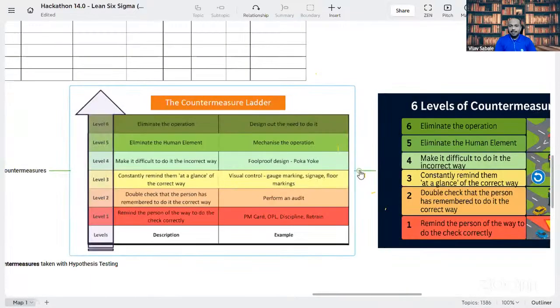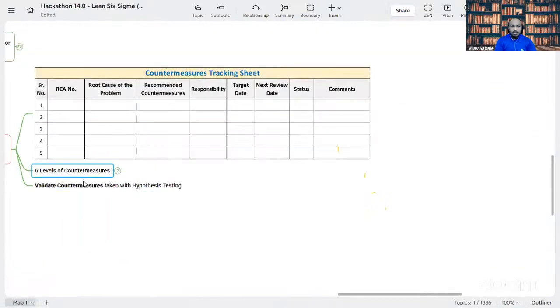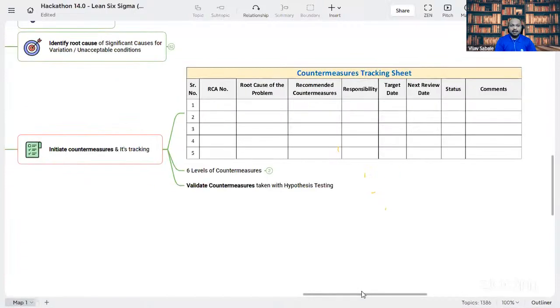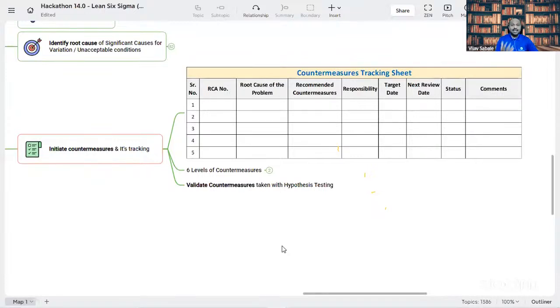Great. Now, the last thing related to countermeasures is don't forget to use hypothesis testing. As we also saw two weeks back, why it is important to focus on hypothesis testing and its criticality. Hypothesis testing is one of the tools that we use at the start of the project and also after the end of the project.